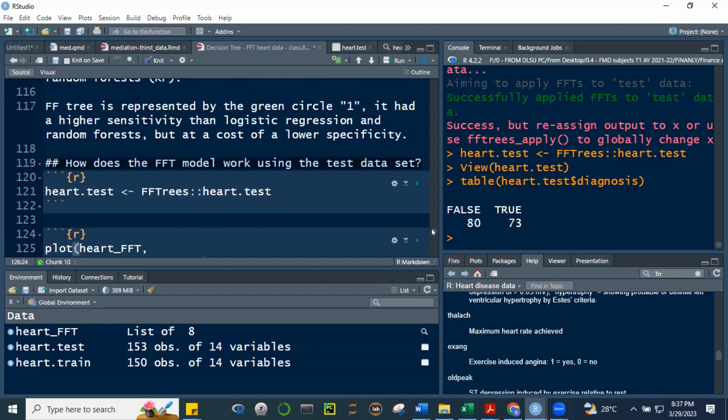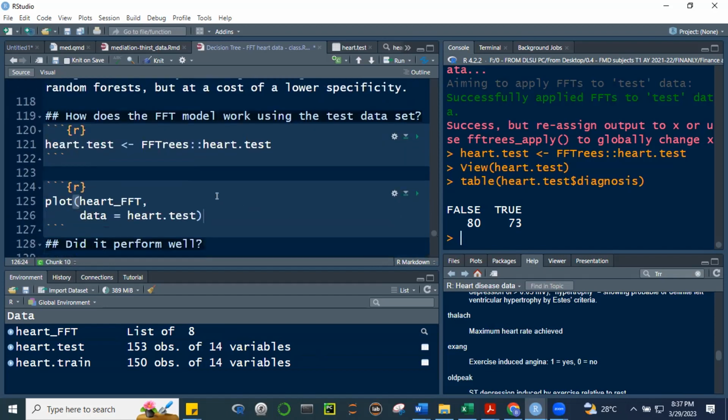Okay, if we run this, where does this heart FFT come from? This is the model that we use to predict the diagnosis using the heart.train data, our training data.